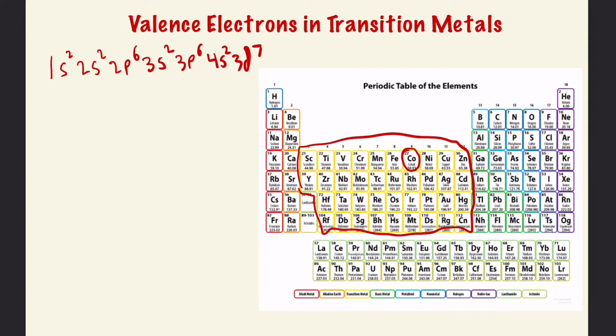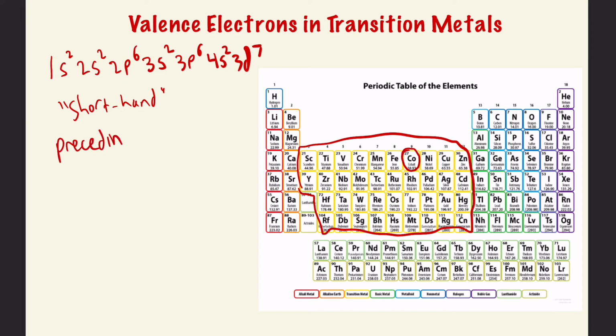So cobalt has that electron configuration, but because the valence electrons are in the outer shell, the strategy that we're going to use is to come up with a shorthand configuration of this up here. The way that we do that is we need to find the preceding noble gas.